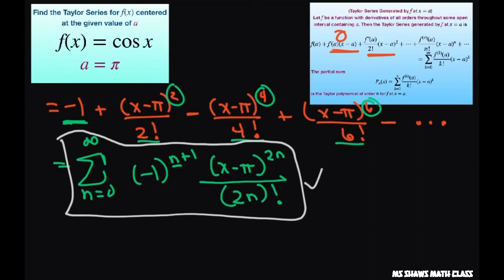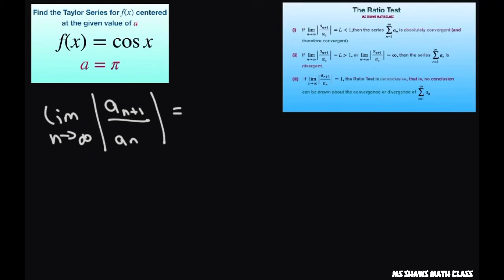So using the ratio test, we're going to have the limit as n approaches infinity of a sub n plus 1 divided by a sub n. This is going to equal the limit as n approaches infinity, and I'm just going to put the absolute value on my x part.